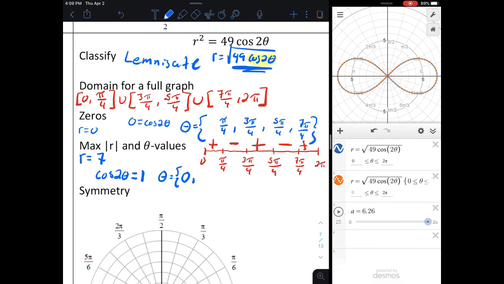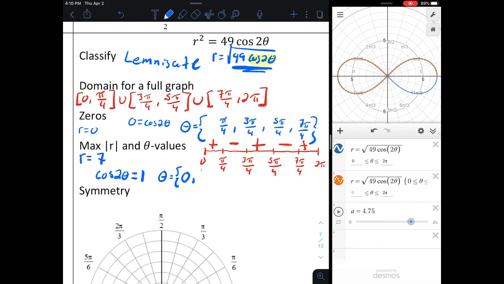If I put in pi over 2 and double that, that gives me pi, but I'd have negative 1, so I'd skip pi over 2. I can't use negative 1 because it would make me take the square root of a negative number the way it's typed in.